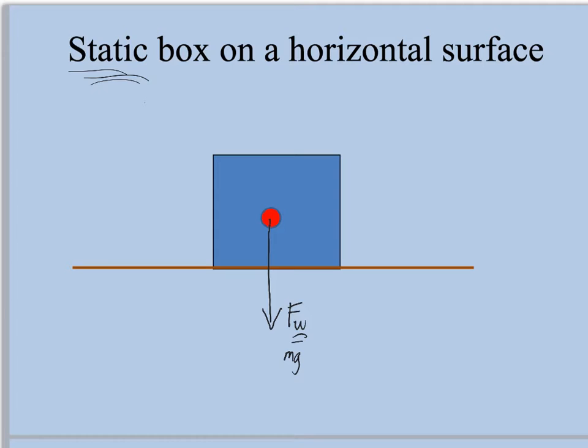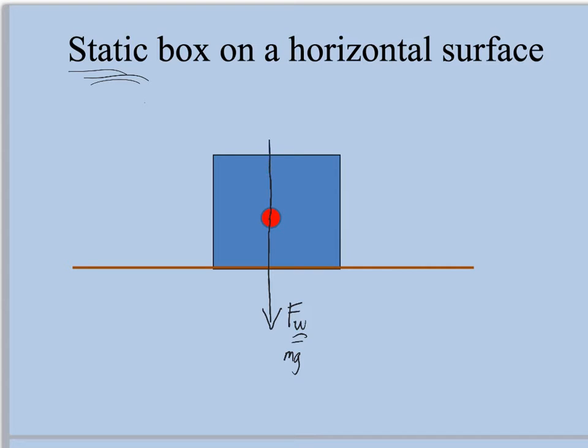And we said earlier that the normal force is always perpendicular to the surface. So here's our surface, and a 90-degree angle to that surface is going to be this direction.